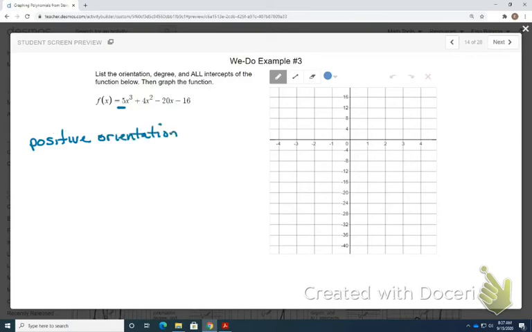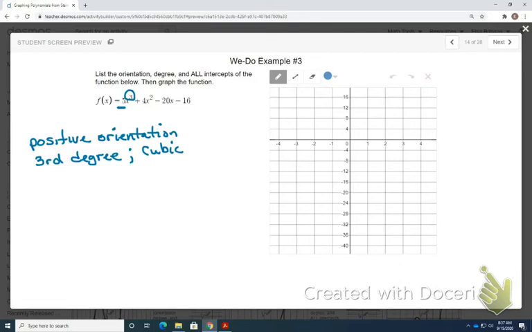So basically, if you had a negative in the front, that would be a negative orientation. This is a +5, so it's positive orientation. The largest exponent is 3, so this is a third degree polynomial, also called a cubic polynomial.